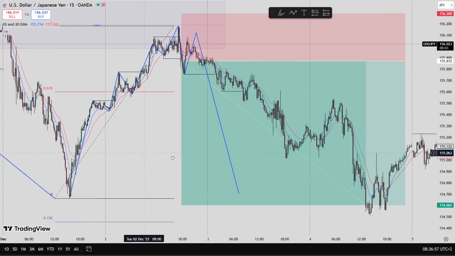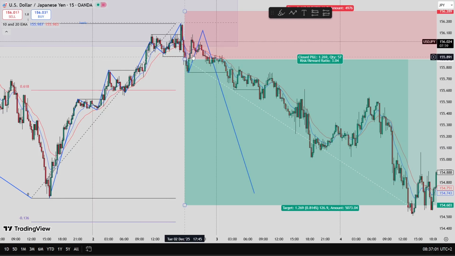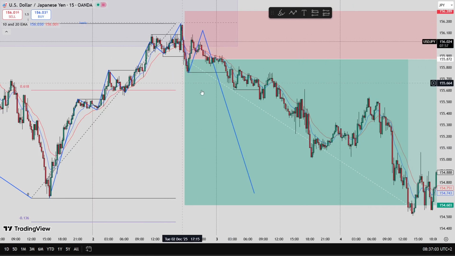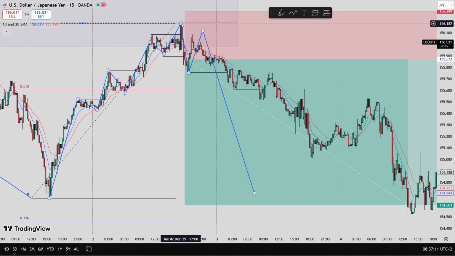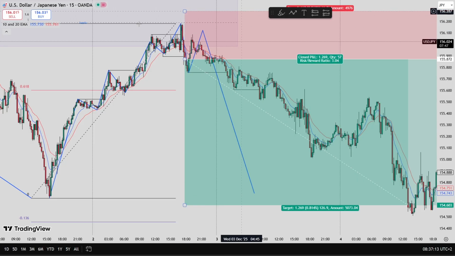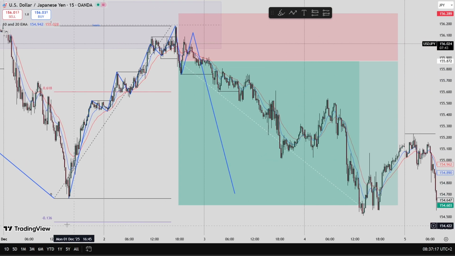So essentially, what you have seen is that at the break of this higher low, which is also referred to as a change of character, I had to place my trade here with my stop loss slightly above the higher high, just providing room for spreads. And essentially, I targeted the negative 0.136 of the Fibonacci level, but I didn't essentially hold it to that level.